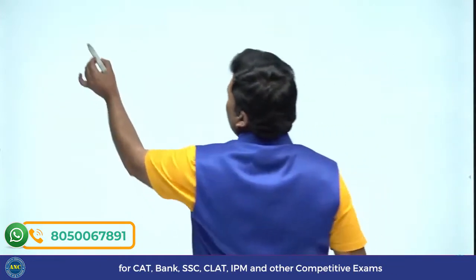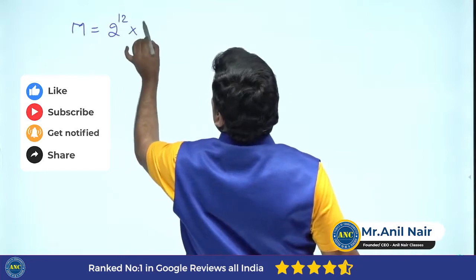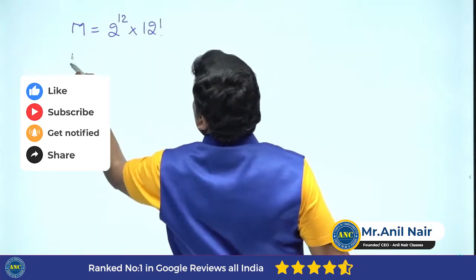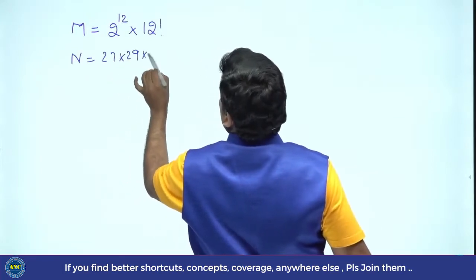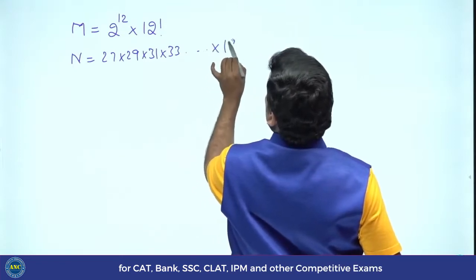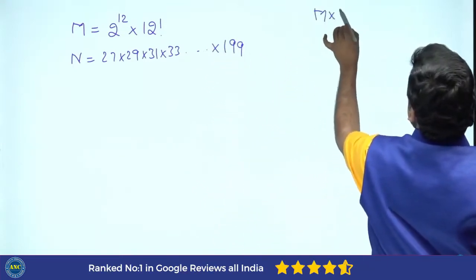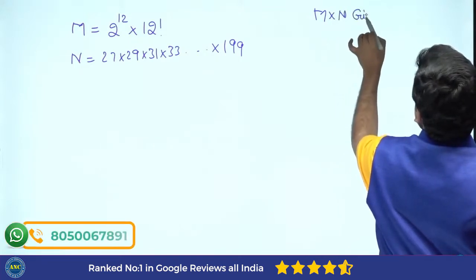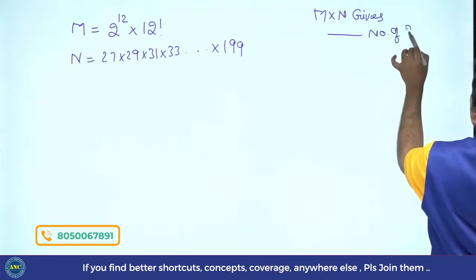So M will be 2 power 12 into 12 factorial. N is 27, 29, 31, 33 and so on up to 199. What do I require? M into N gives dash number of ending zeros.